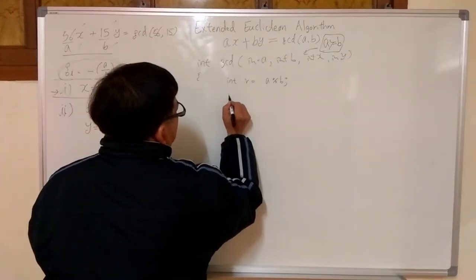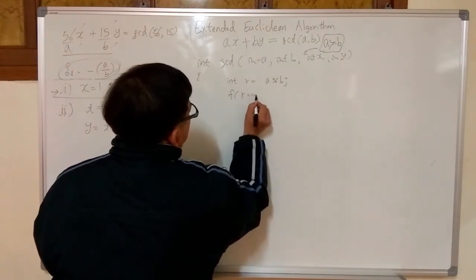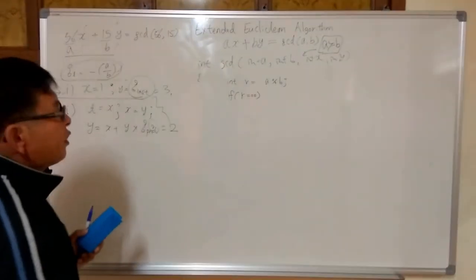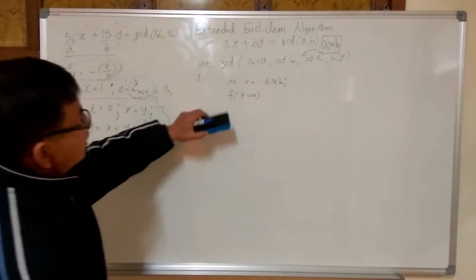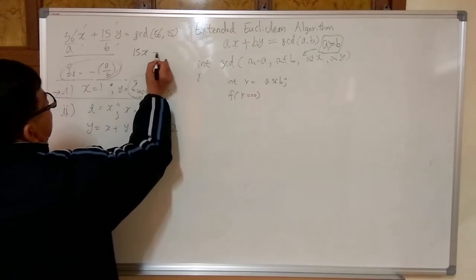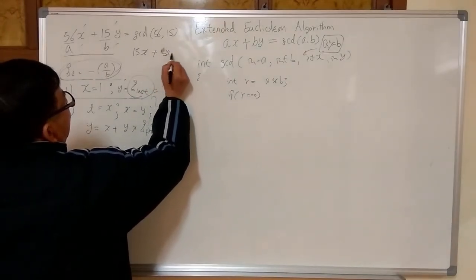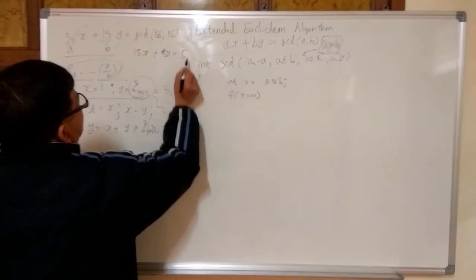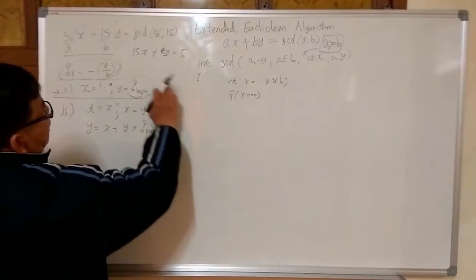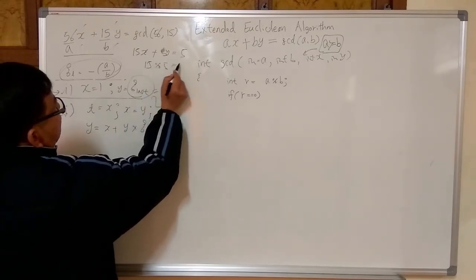Then if r equals 0, as I explained before, take 15x plus 5y equals 5, GCD 5. In this case, 15 modulo 5 is 0, right?